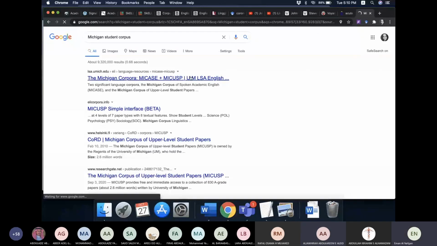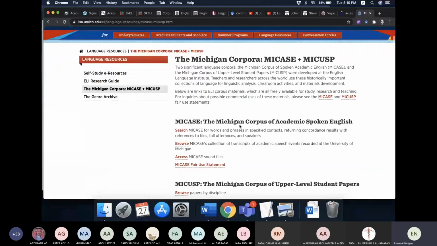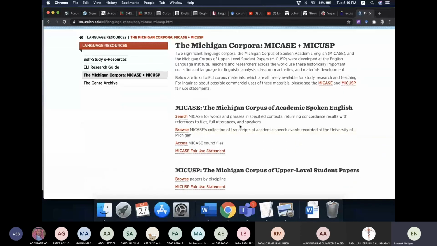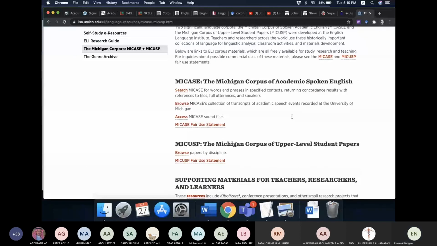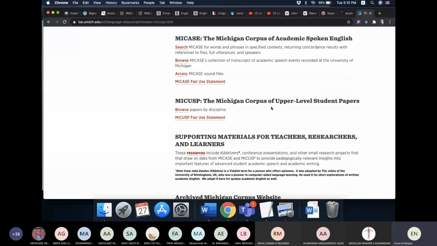Yeah, and this I haven't visited in a while, but this is the Michigan Corpus, and let's see, where is it? Yes. So here we have the Michigan Corpus of Academic Spoken English, and then you have upper level student papers.